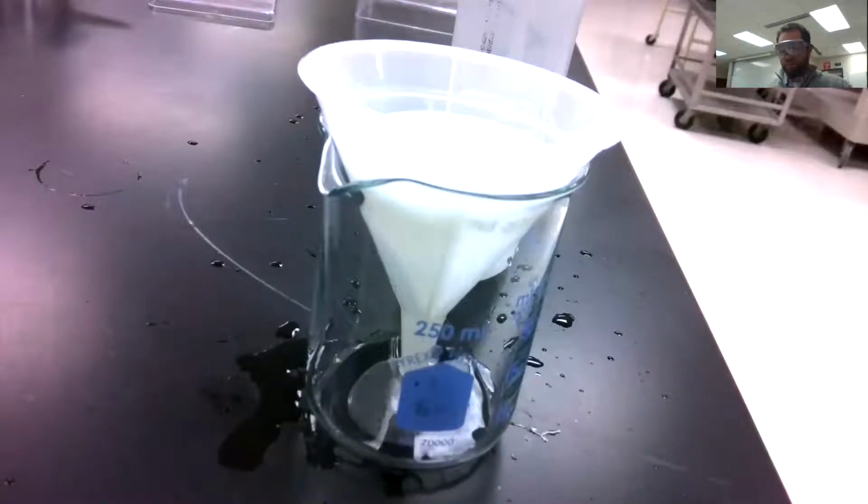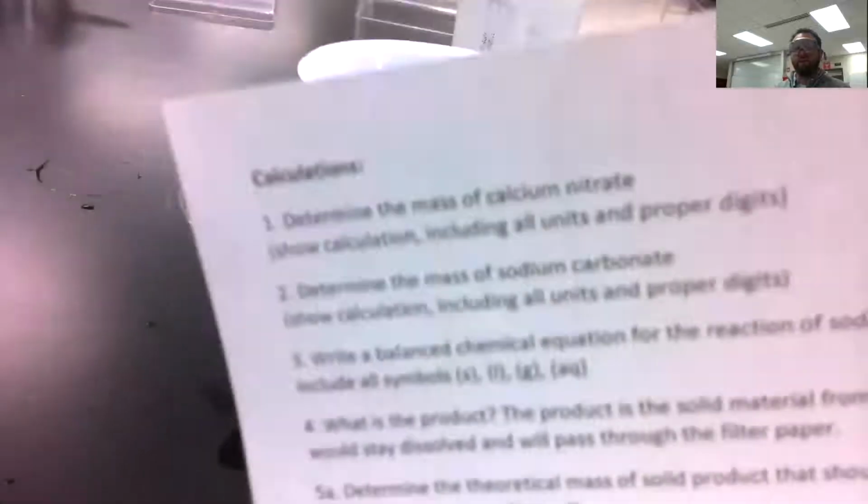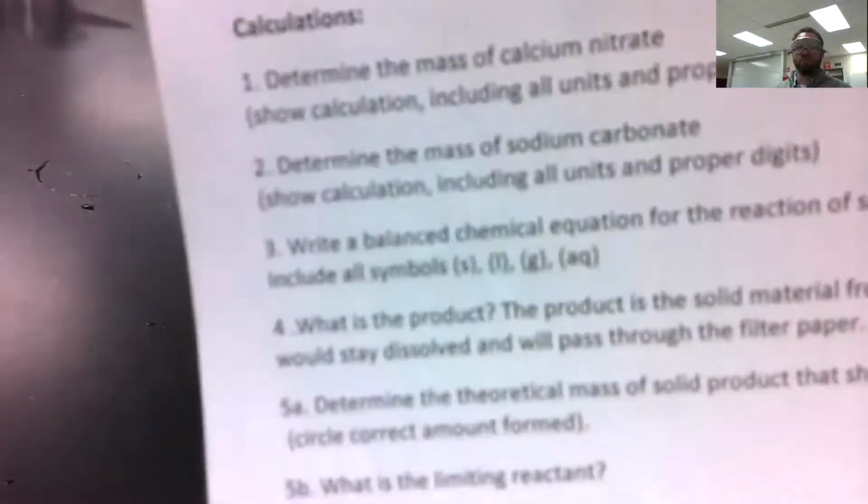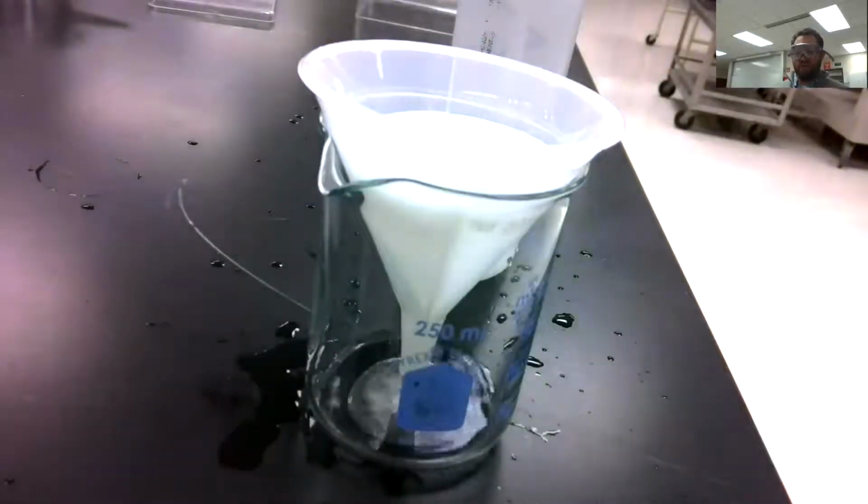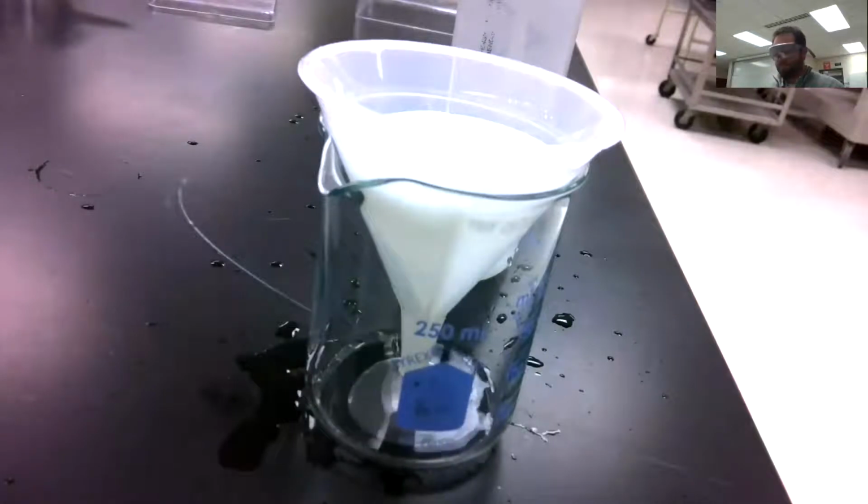And I'm going to transfer over to the backside. So this is the second page of the lab here. And the first thing we're asked to do is determine the mass of calcium nitrate. So back to my data collection here.